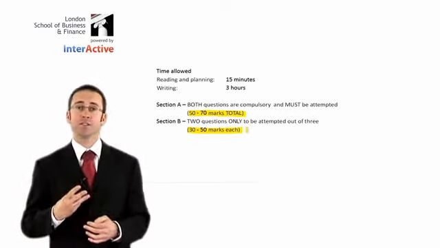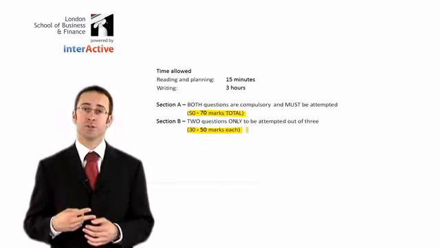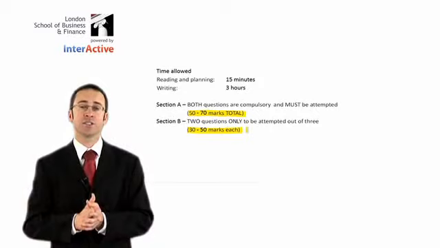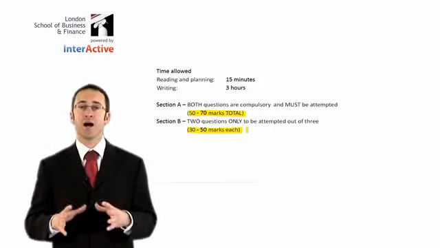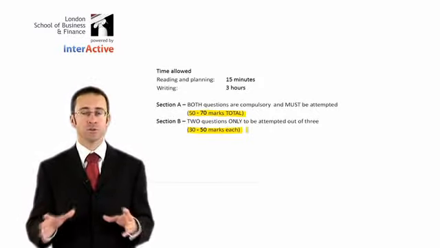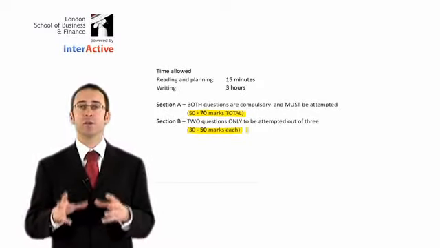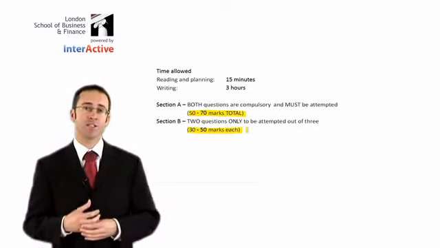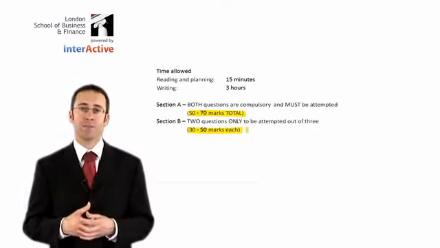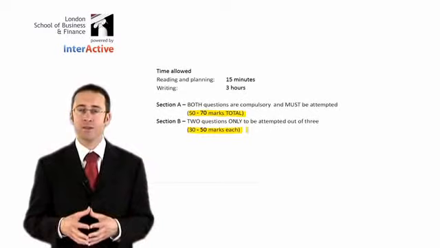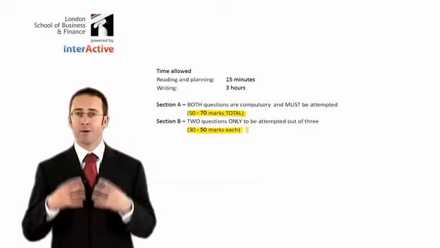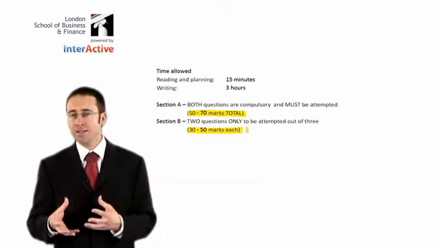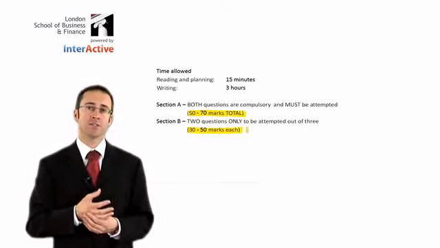You're going to get 3 questions, of which you only need to answer 2. Of those questions, one of them will be entirely discursive, no numbers whatsoever. So you need to be comfortable with the non-technical, non-numerical aspect of the syllabus if you wish to attempt that question. I'd recommend that you spend a bit of time thinking about answering that part. It can be quite, I wouldn't say easy, but easier than some of the other questions.